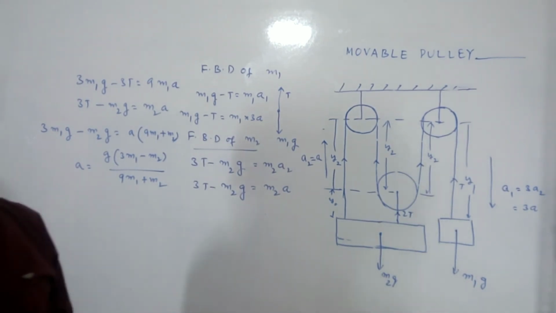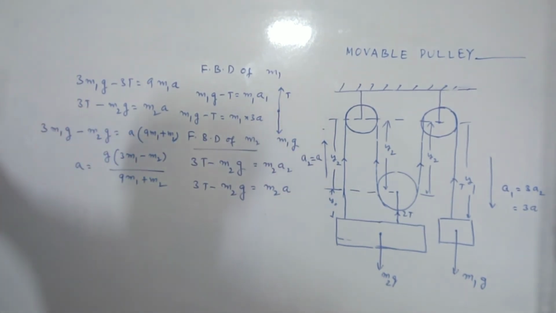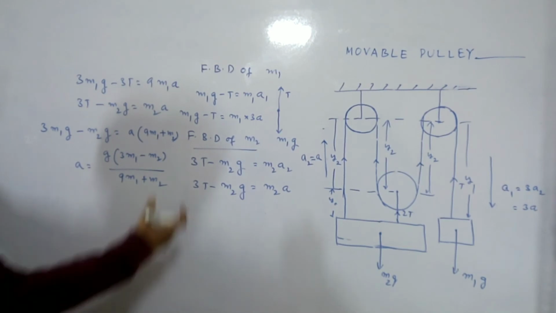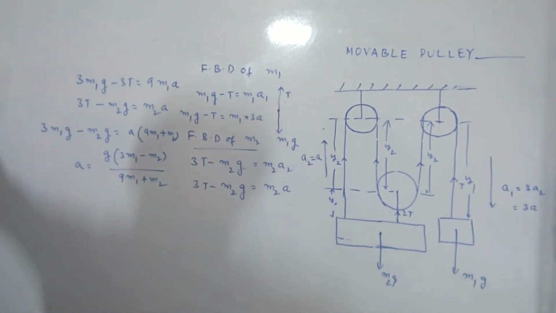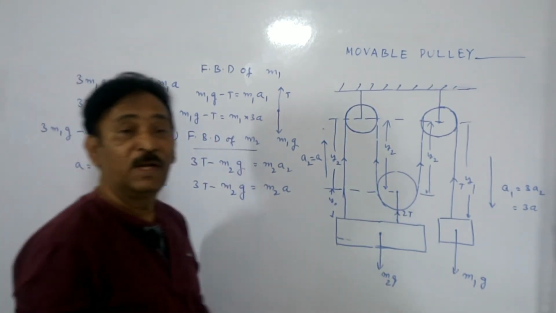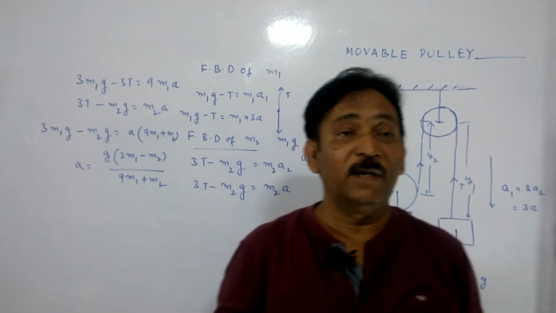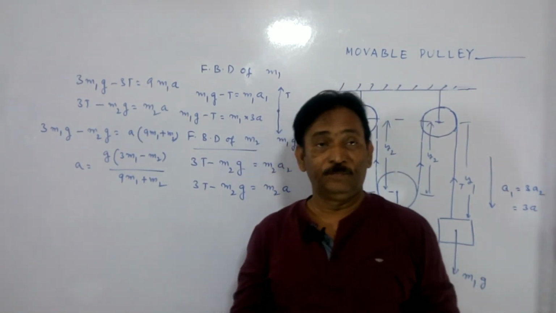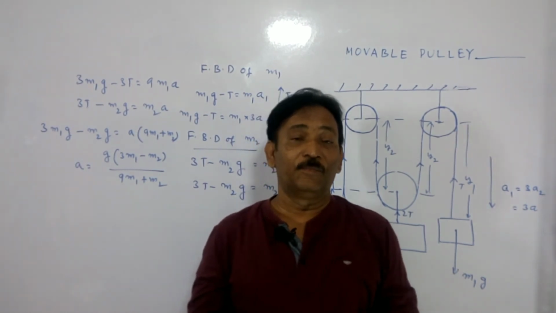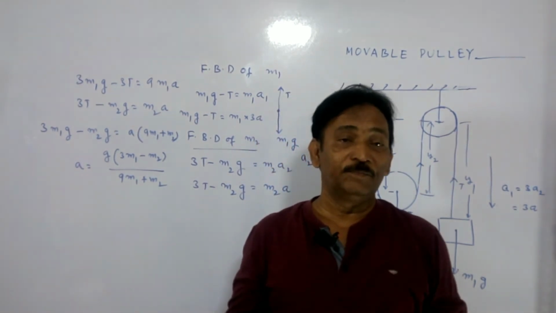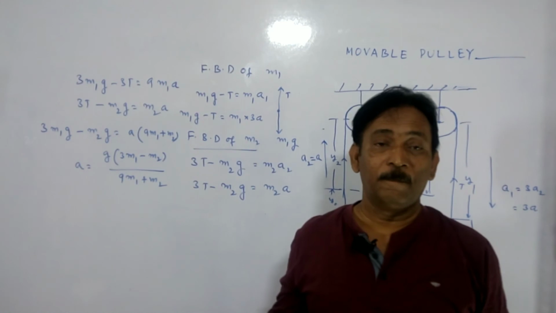Okay, students? In this way, you can find out the acceleration. Let's substitute this acceleration in one of the equations and we will get the tension. Okay, students? In this way, you can find out the acceleration as well as the tension in a 2 pulley system as well as the 3.